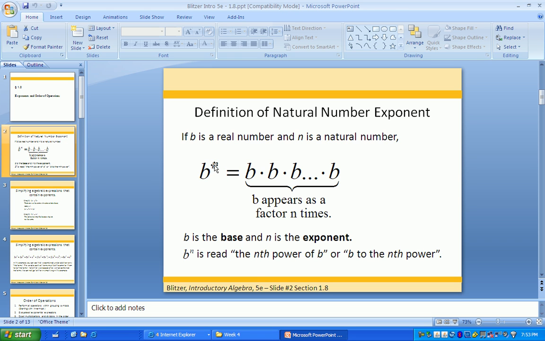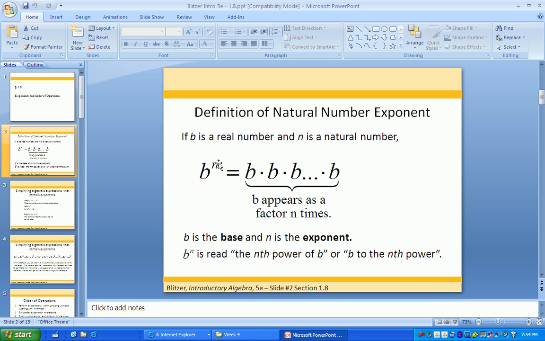And this n power, all that means is it's a shorthand way of writing b times b times b times b. Let's say n was 7. It's a short way of saying b times b times b, 7 times. So it just shortens things up for us. It's really just a nomenclature or a shortcut for writing things.